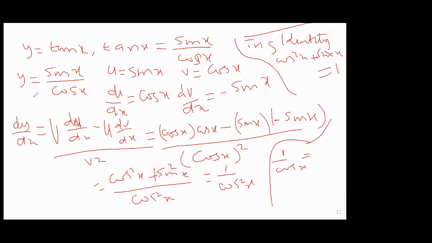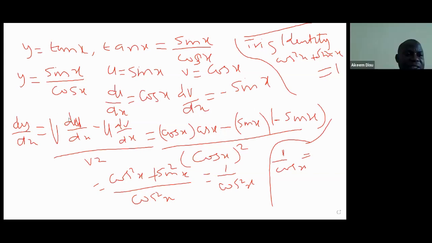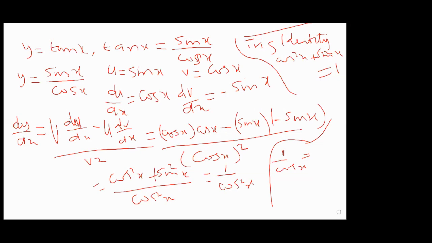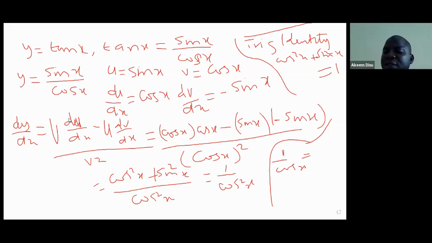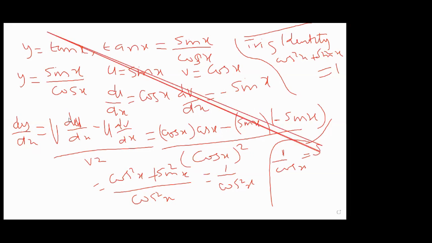In trig identities, 1 all over cos square x is what? Sec x. Sec x, we call it sec.